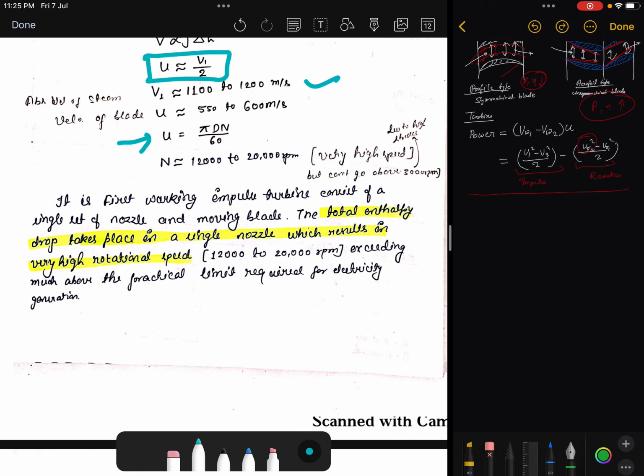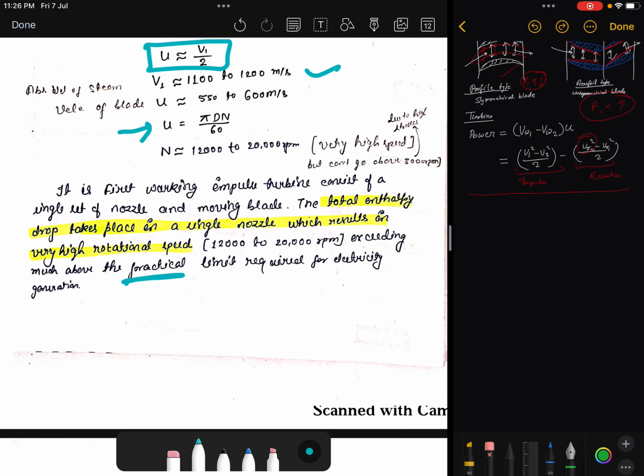The simple De Laval turbine is the first working impulse turbine, consisting of a single set of nozzle and moving blade. The total enthalpy drop takes place in a single nozzle, which results in very high rotational speeds, exceeding much above the practical limit required for electricity generation.